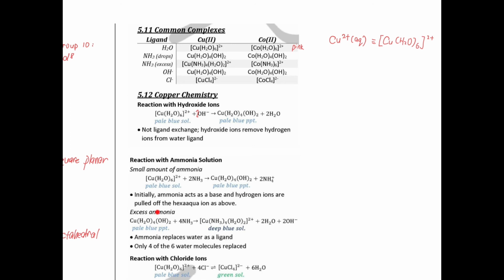Now, excess ammonia. If you put extra ammonia, the precipitate just now reacts with the ammonia, then this is where the ammonia goes in already. You can see that ammonia replaces water as a ligand.